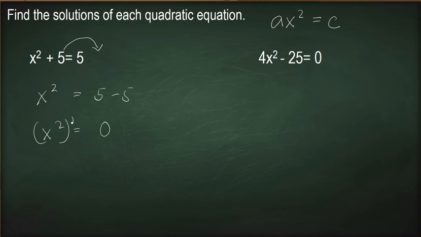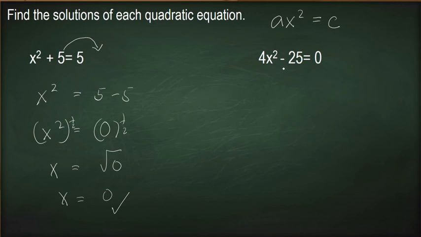Then raise both sides to 1/2. We have x now is equal to the square root of 0, which is equal to 0. Hindi na tayo maglalagay pa ng positive, negative kasi nga ang 0 ay hindi signed number. It's neither negative nor positive. So the answer is 0. We only have one solution and that is 0.